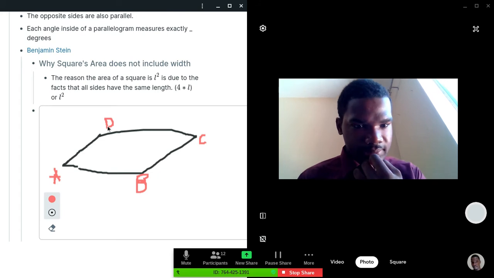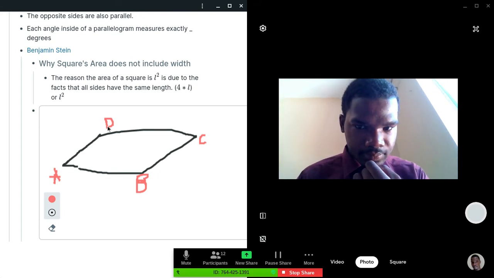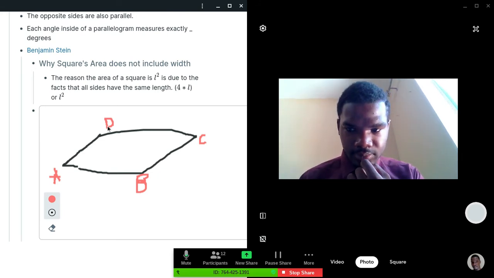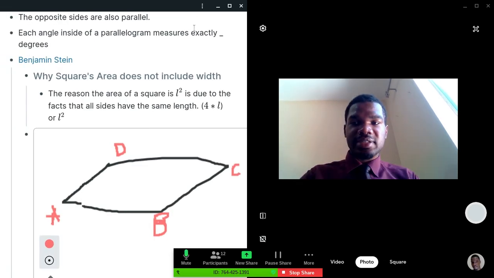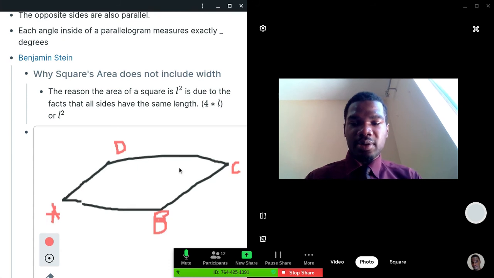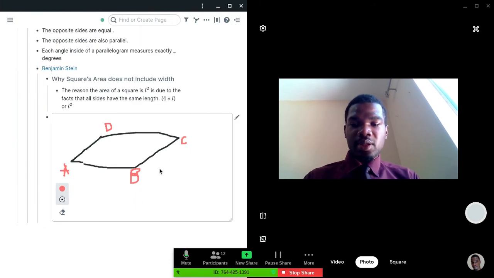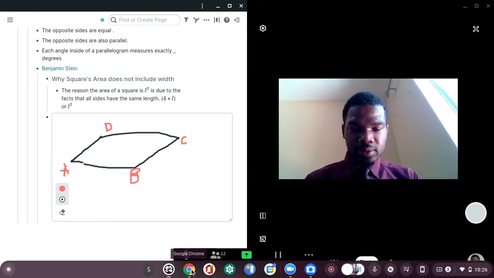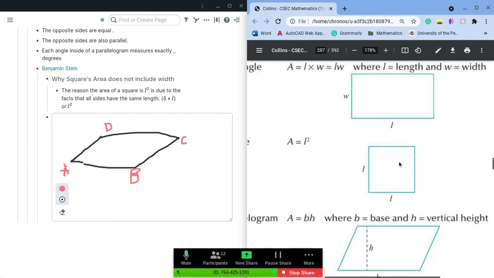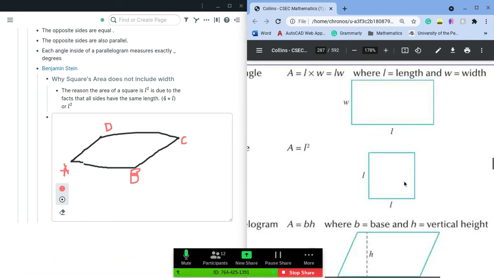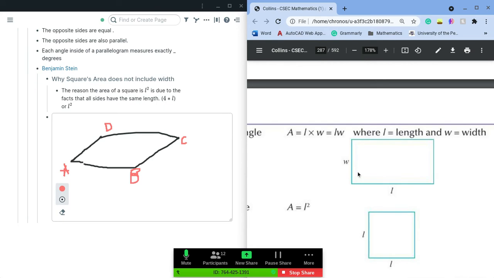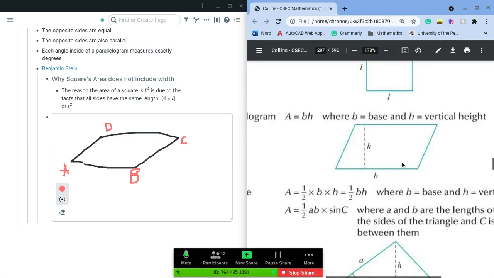Okay. Yes? In the notes, it says each angle inside of a parallelogram measures exactly that degrees. Yes, dash degrees. That's how I'm drawing the diagram now. So if a square has each side measuring 90 degrees, and a rectangle is the same thing, 90 degrees, 90 degrees, 90 degrees, and another 90 degrees, how much do you think each side will measure in a parallelogram?